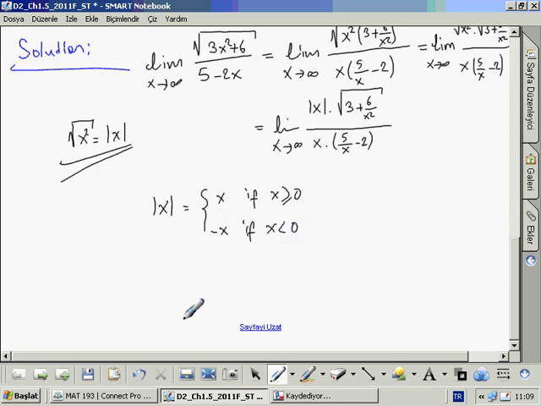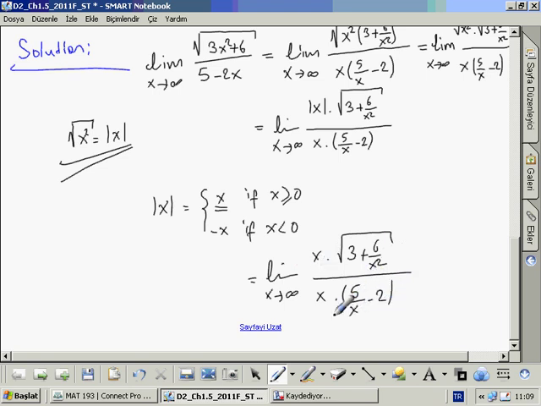Which case is true for us? We are going out to plus infinity, so we can safely assume that x will be positive. So we can just drop the absolute value bars, and it will be the limit as x goes to infinity of x times the square root of 3 plus 6 over x squared over x times (5 over x minus 2), and now the x's can be cancelled.